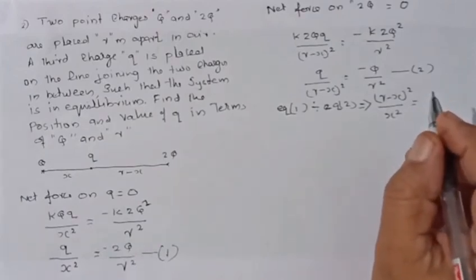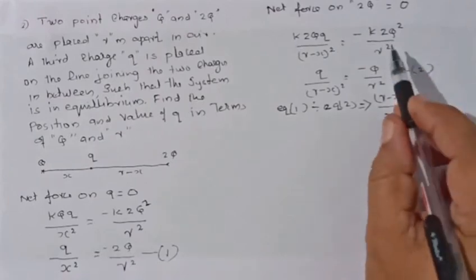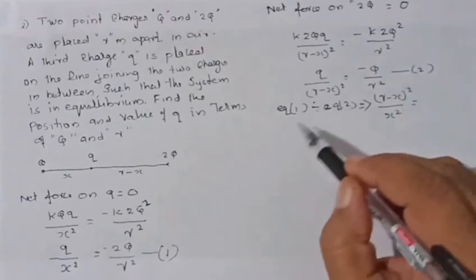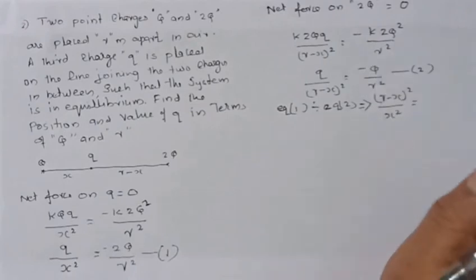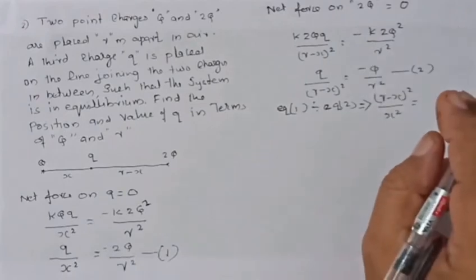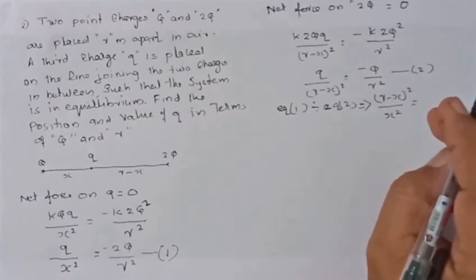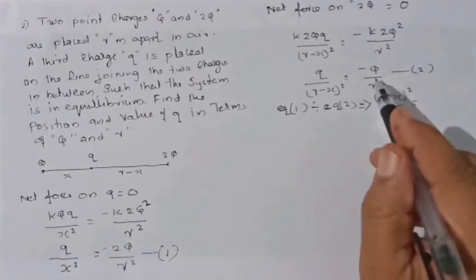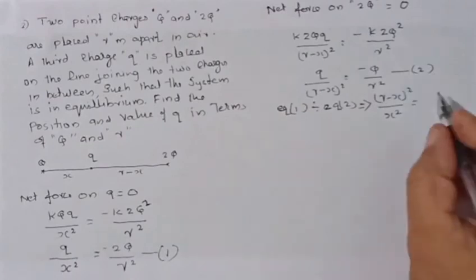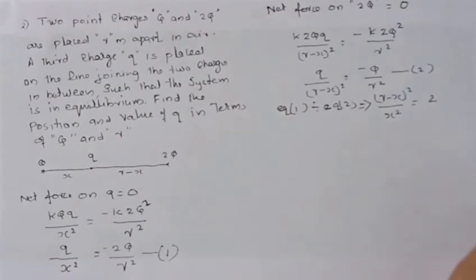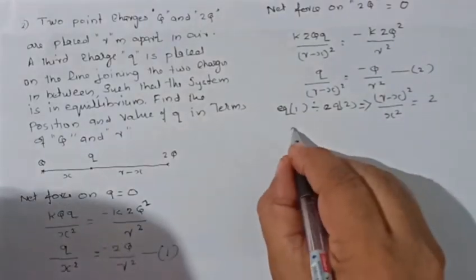So you will get r minus x whole square upon x square is equal to 2. You can check that. All those terms will cancel each other and you will get on the right side just 2.